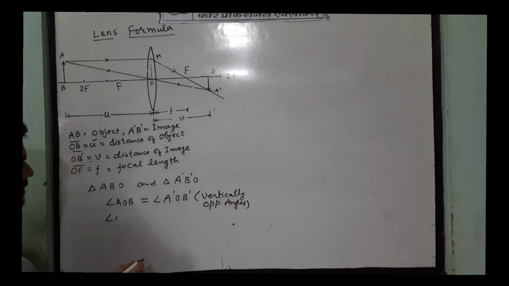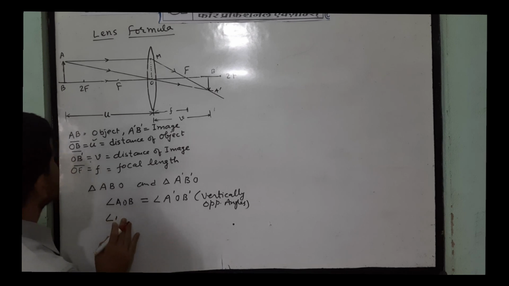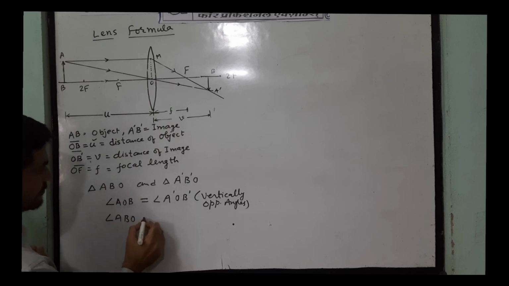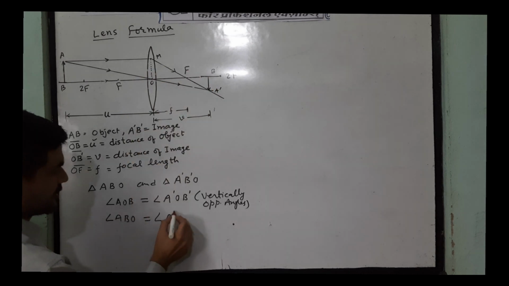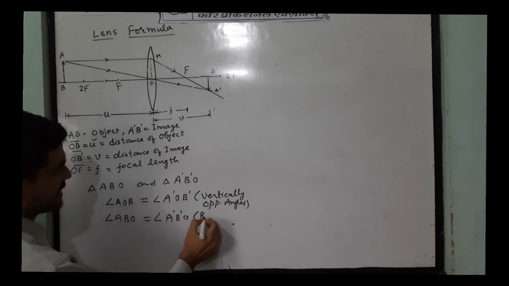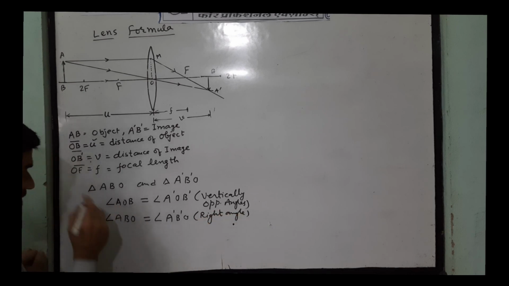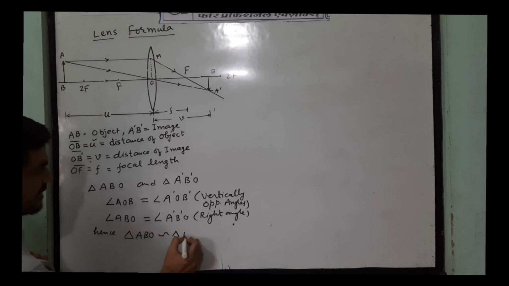Though these two angles are always equal. If clear, then angle ABO is equal to angle A dash B dash O, A prime B prime O, that is a right angle. So hence we can say triangle ABO is similar to triangle A prime B prime O.